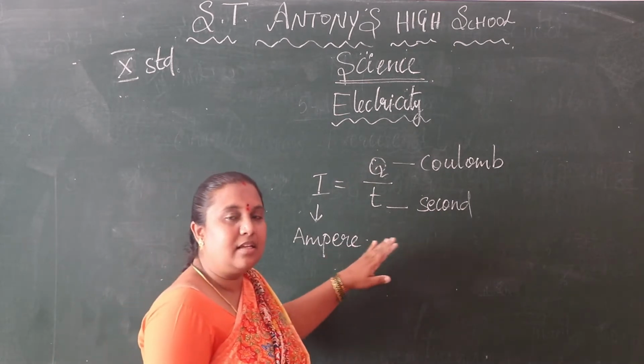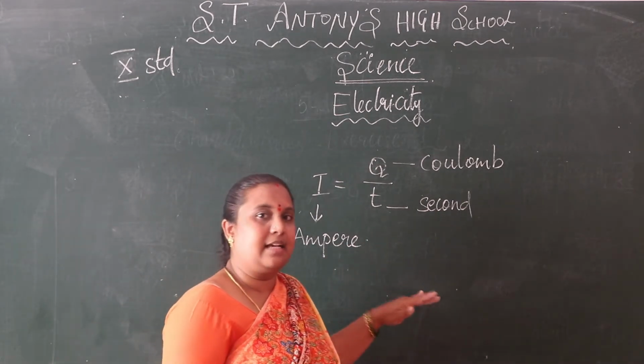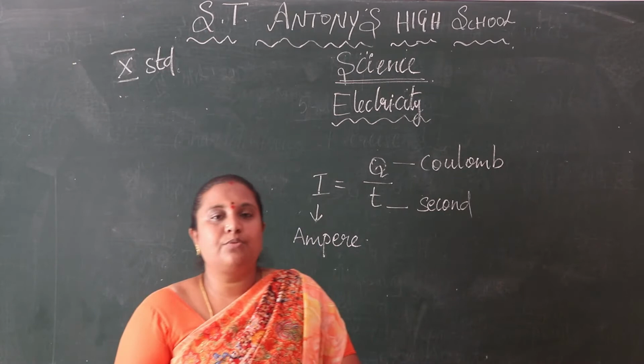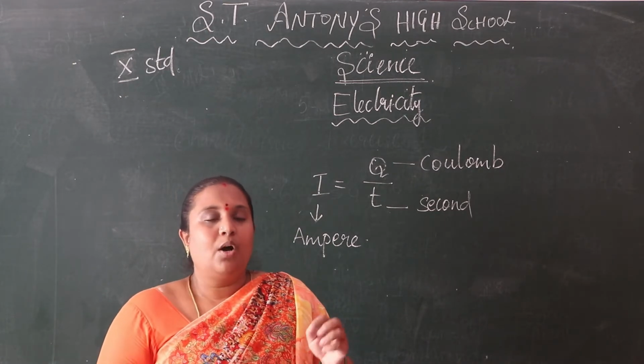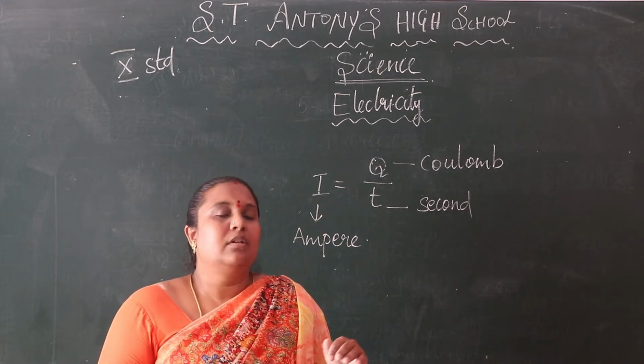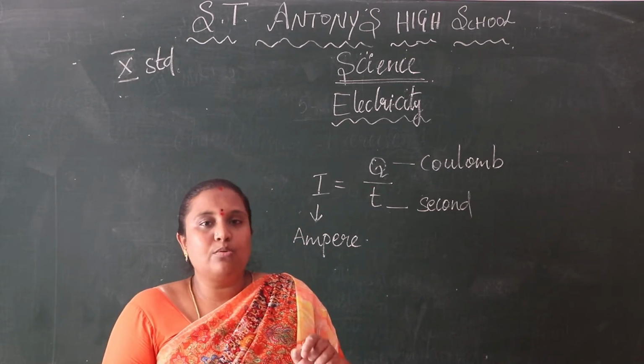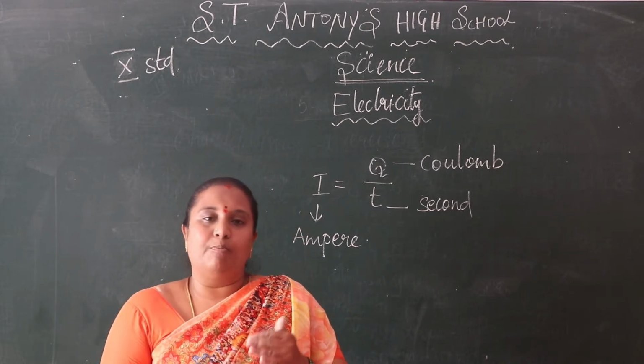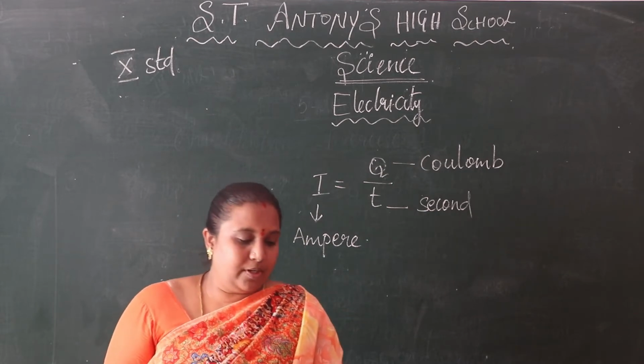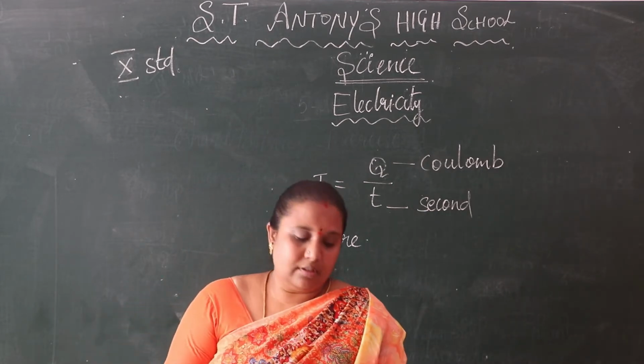So we saw this concept in our last class, and then we move on to electric circuits. We can draw electric circuits using the symbols of the components in circuit diagrams.